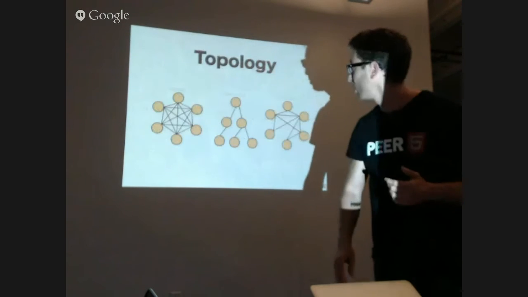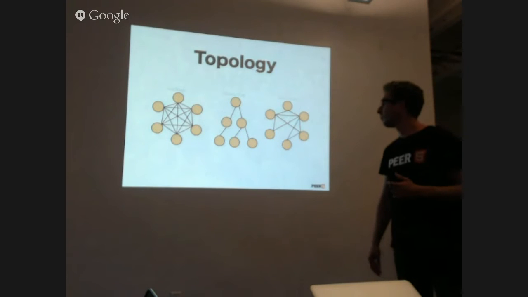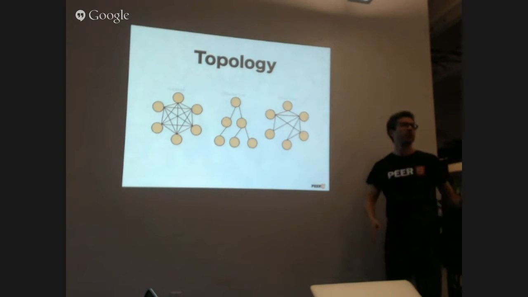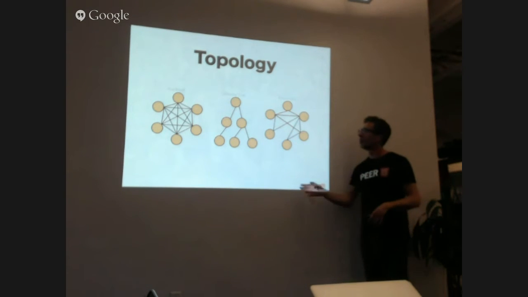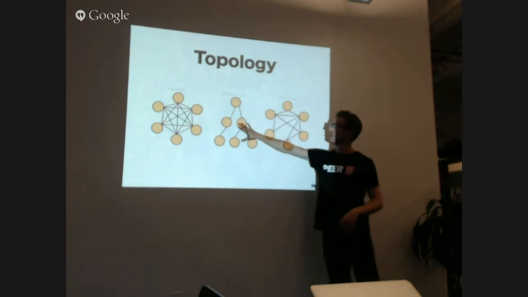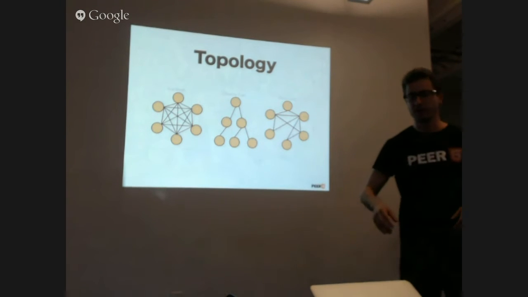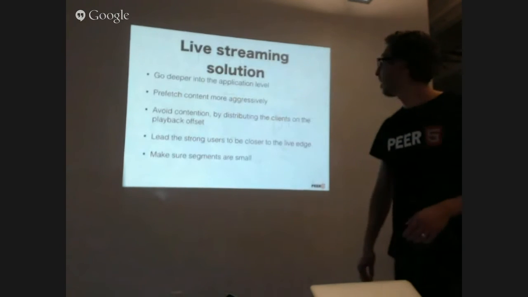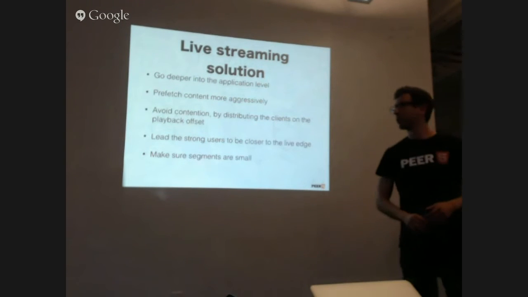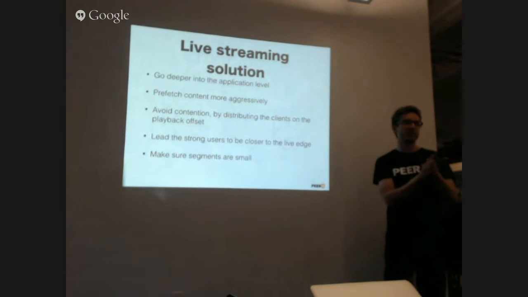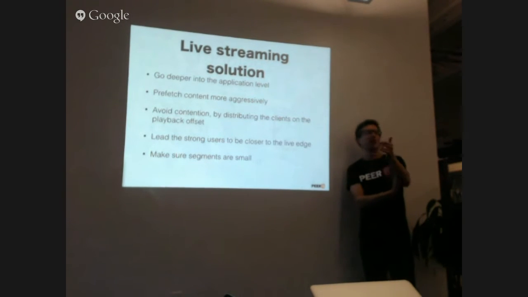And one cool thing that we did was switching a little bit from this topology, where everybody can potentially be connected to everybody, to this one, where we're not an overlay tree topology, but we effectively built something similar, and I'll explain why. So what we did is that there are different offsets in the live stream, and the strongest users are going to be closer to the origin.